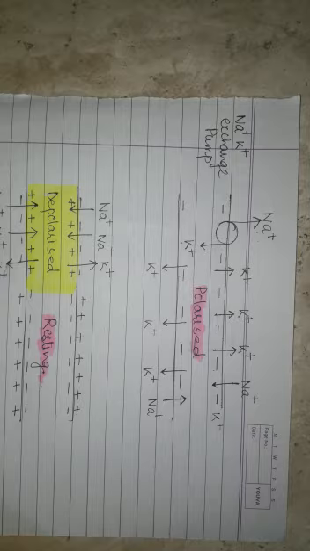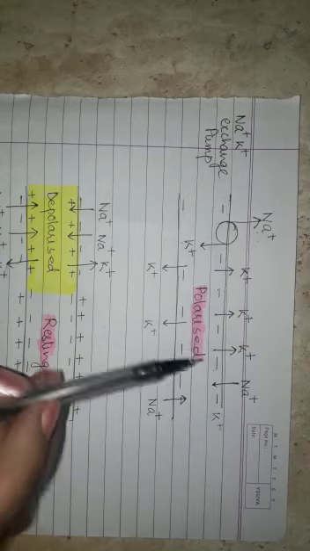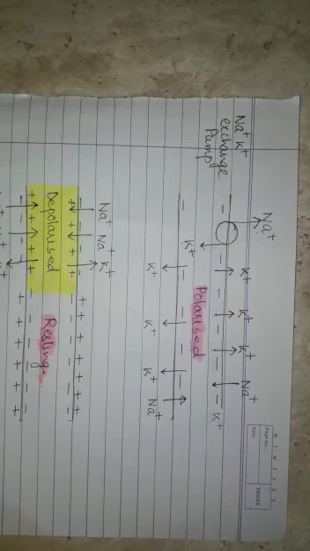Because of these differences in the charges on the two sides, the membrane is said to be polarized. And the electric potential difference across the plasma membrane is called the resting potential.